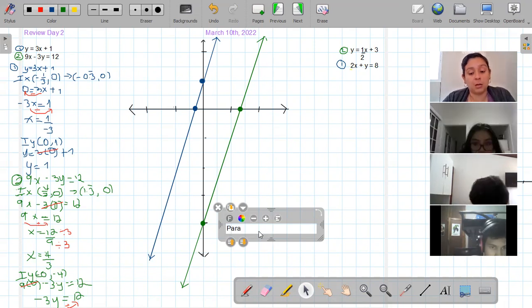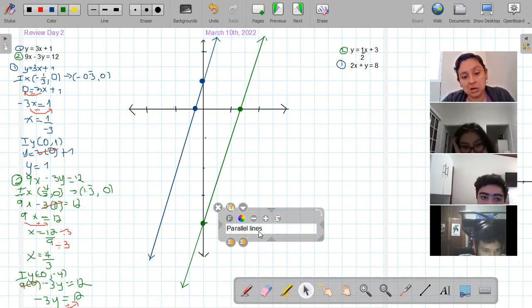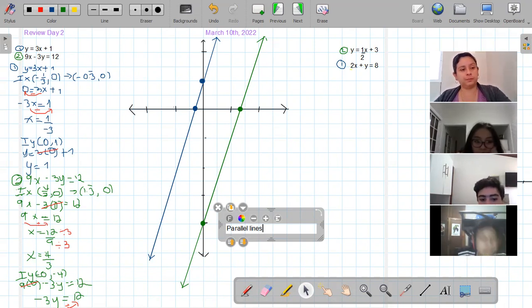Those are parallel lines. Very good. How do I know? Because they have the same slope. That's how I know. Any other question about this? No? Easy peasy, right? Okay, let's go with the next one.